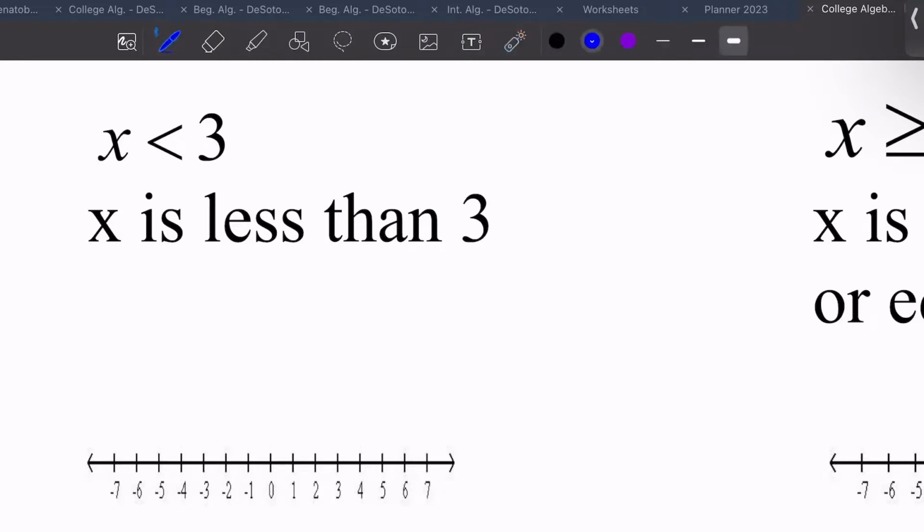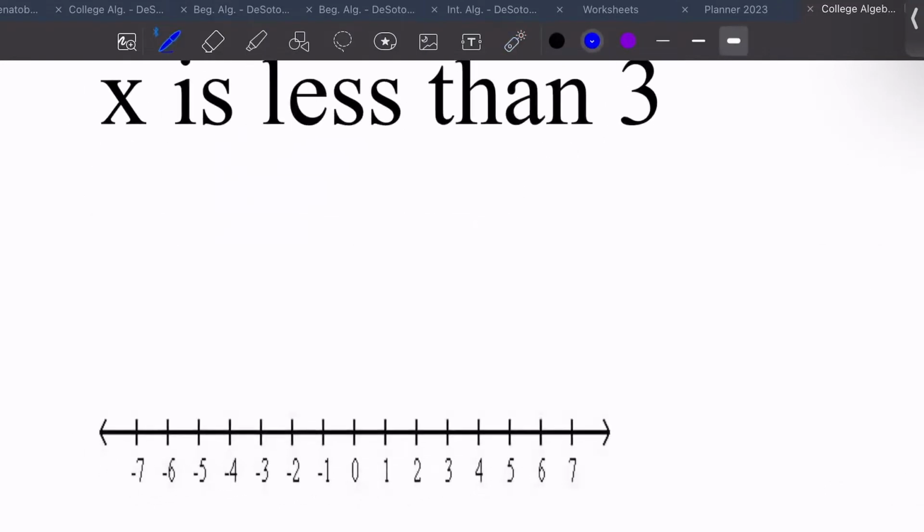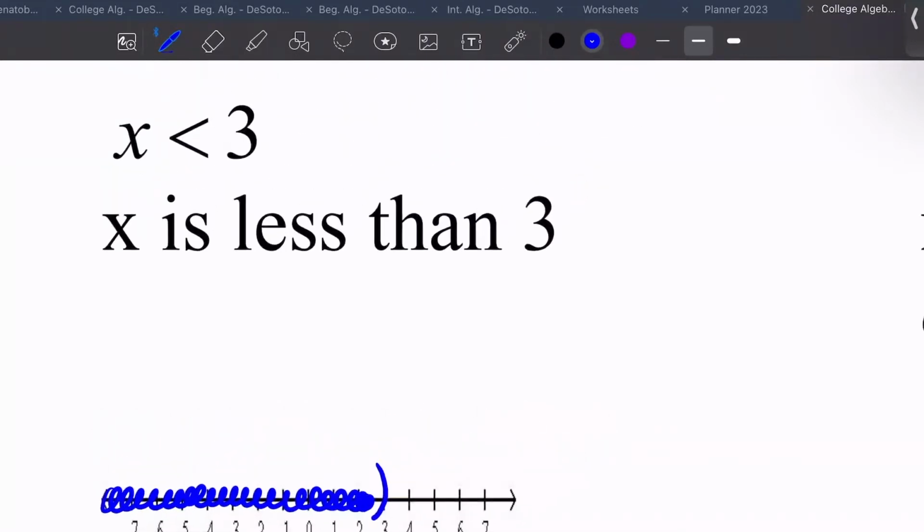So we would put a parenthesis right here because we do not have an equal to sign on our inequality.